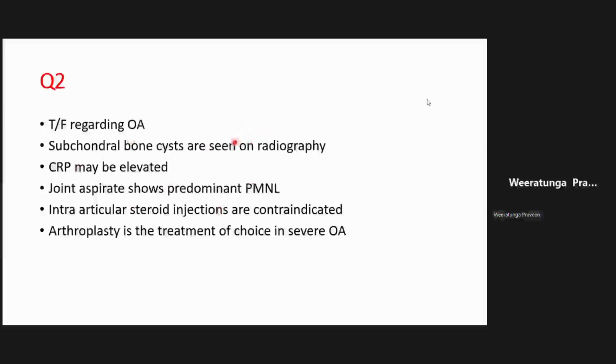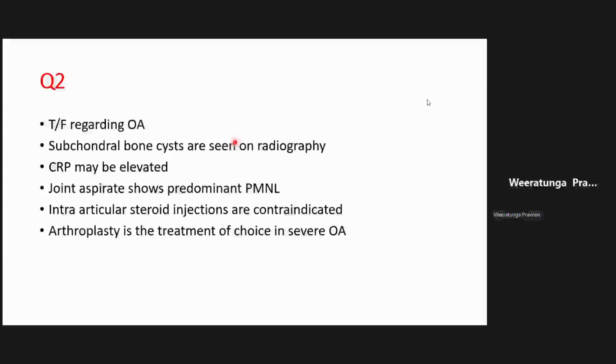Now, even though we describe osteoarthritis as a non-inflammatory disorder, you do see some features of inflammation, especially when there is a flare of osteoarthritis.